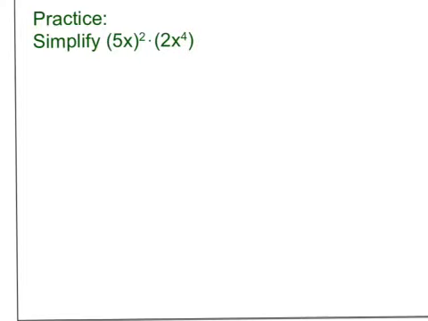So now we're going to go through, and I'm just going to expand upon this problem that's here. So if I've got 5x squared, I'm writing that out twice, just like we've done in the past. And then you've got 2x to the 4th that we're adding at the end.